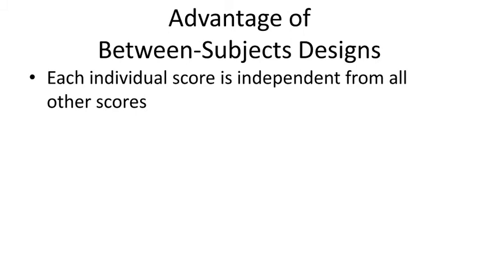First, one big advantage of doing a between subjects design is that each individual score is independent from all the other scores. In other words, when you measure somebody on a variable, you don't have to worry about how that measurement is going to affect any other measurements you might take. You don't have to worry about what's called multiple treatment interference. That can be conceptualized as, they're getting practice.